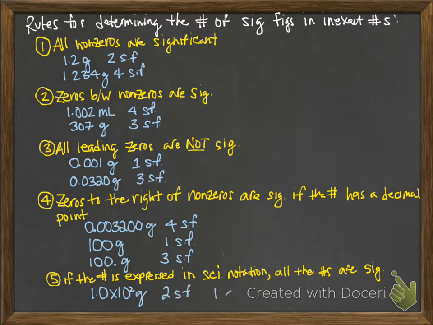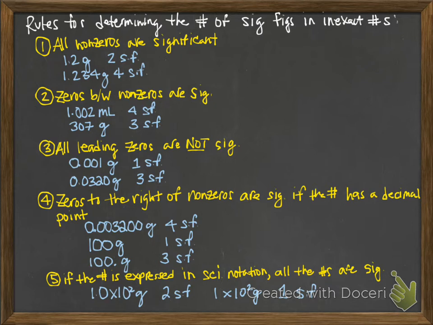Great. If I wrote 1 times 10 to the 2 grams, then that has 1 sig fig. It's just like writing 100 with no decimal point in our previous example, but it's just a little bit less ambiguous. So we know for sure we just have 1 sig fig. So for anything like 100 or 1,000 or 200, with zeros at the end, I would like you to write it in scientific notation.